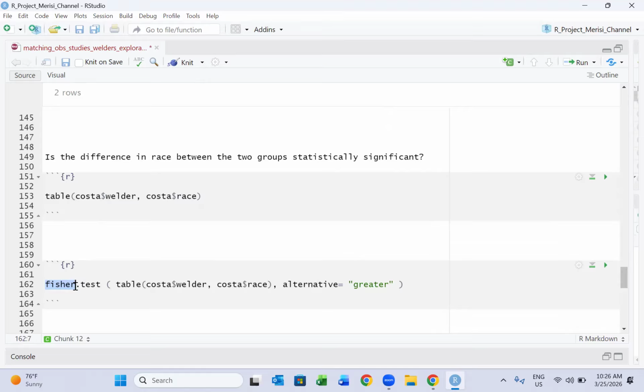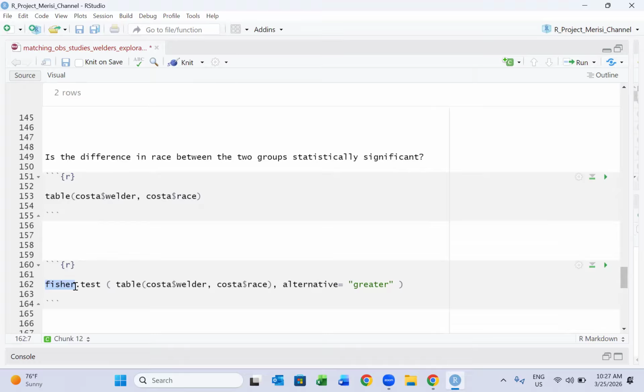Now, what does it do? So, what does Fisher exact test do? With Fisher exact test, we can check whether the proportions for the categories of the first variable change significantly across the second variable. I think that's a way of framing this.